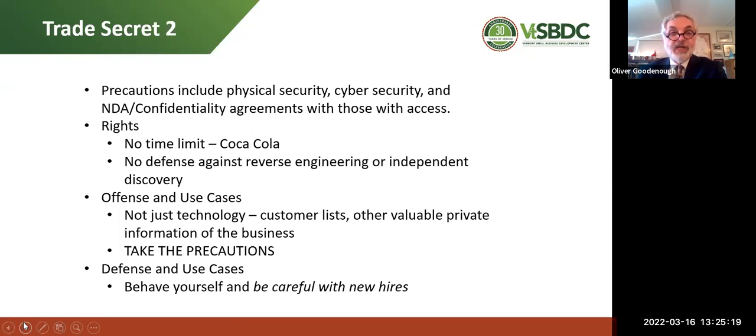On the defensive use, again, behave yourself. Don't take other people's stuff wrongfully, and be careful with new hires. New hires are often a place where they come over with some trade secrets from their competitor. You can't really use them. The new hire may well have signed a non-disclosure agreement that has application after they've left. You should be aware of that.